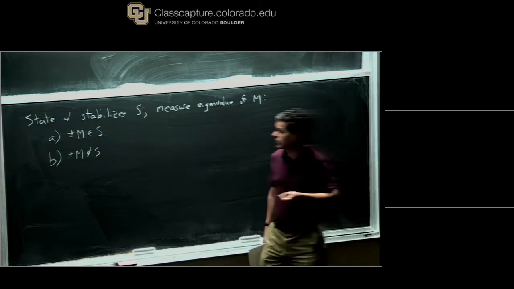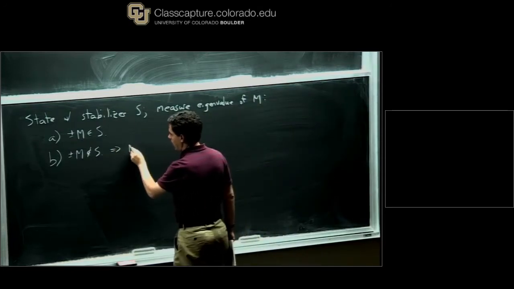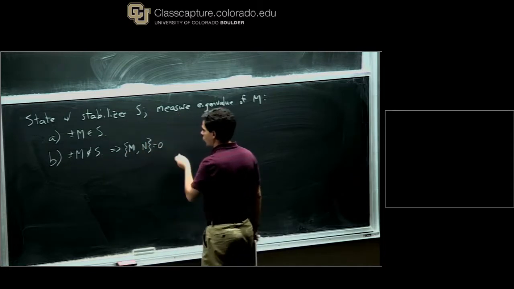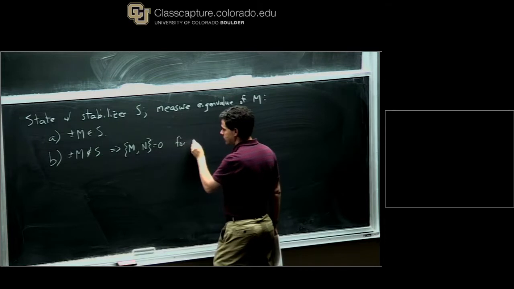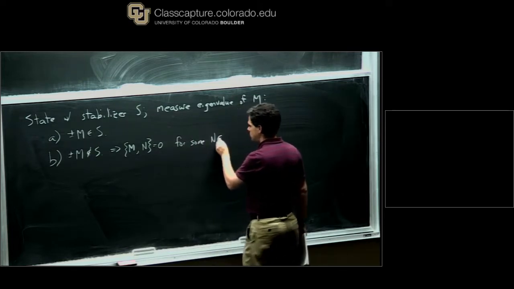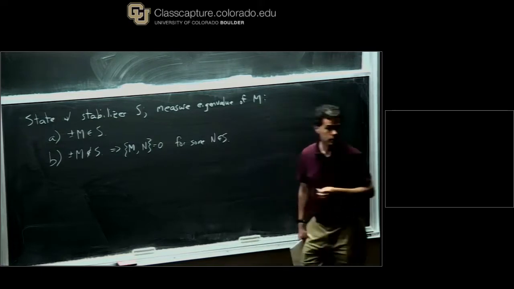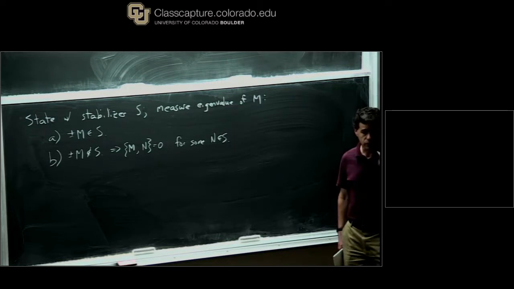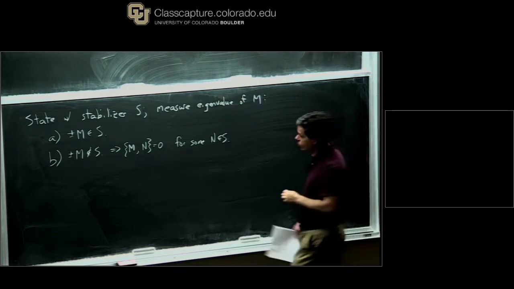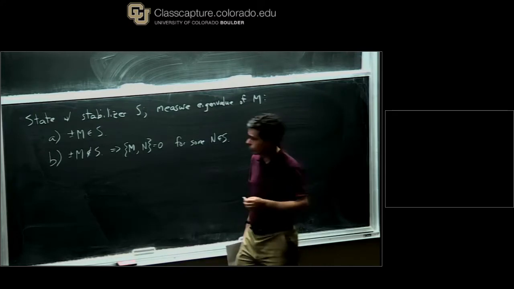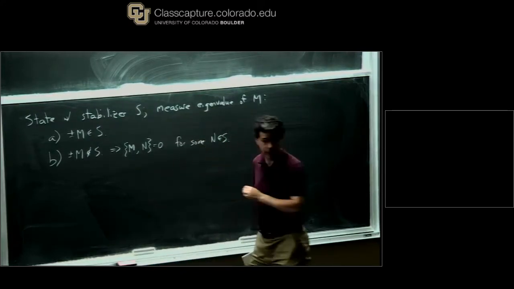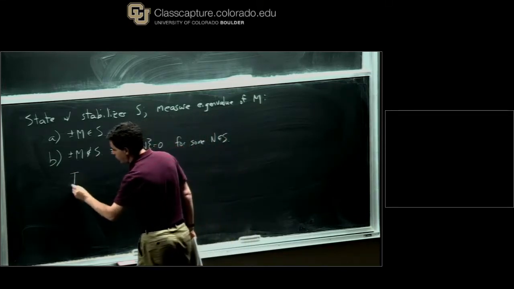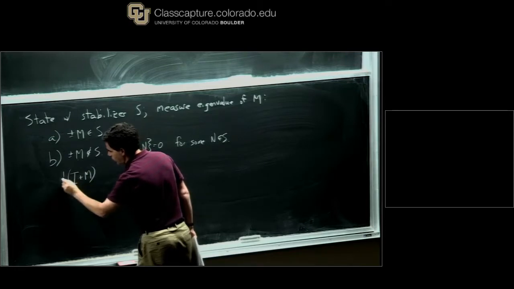We know that in fact M will anti-commute with N for some N in S. I don't want to prove that, but it's not too difficult. And so this is going to be very helpful to us. Okay, so when we measure the eigenvalue of M, we're either projecting on the plus M eigenvalue or the minus M eigenvalue. If we project on the plus M eigenvalue, we're applying this operator to the state.